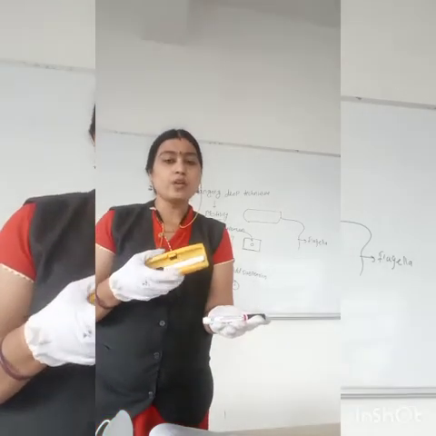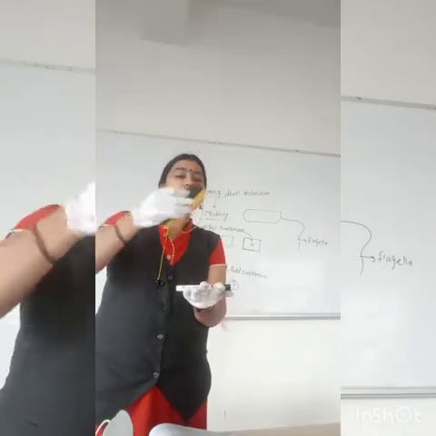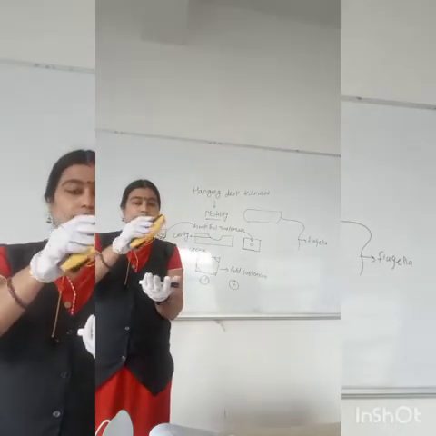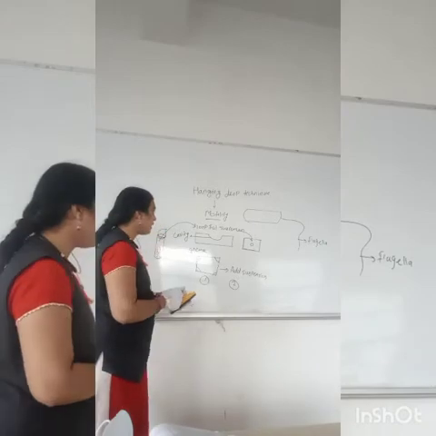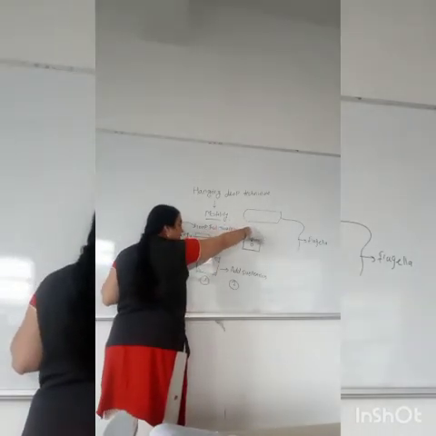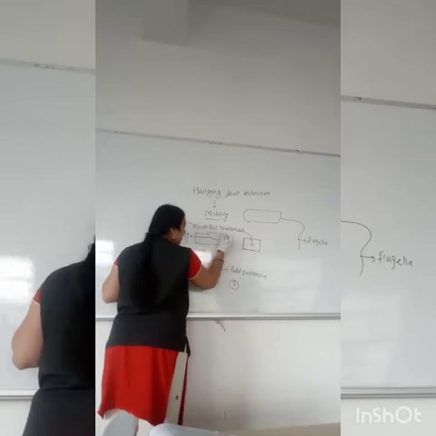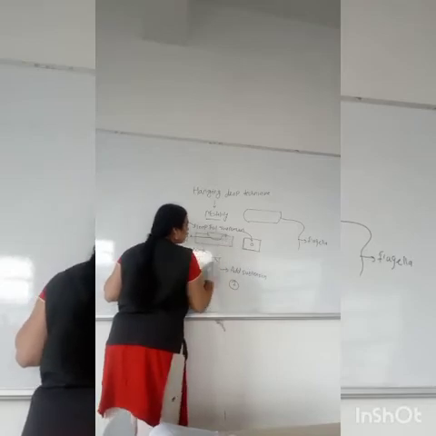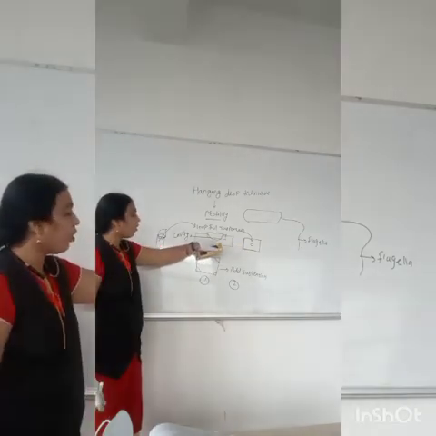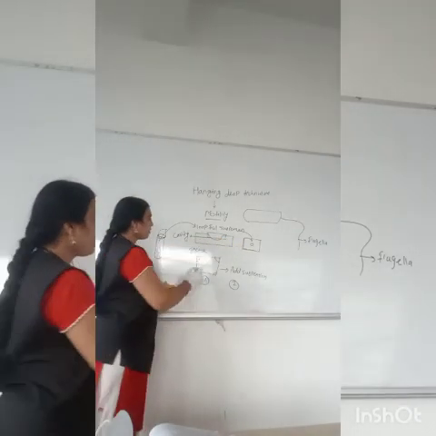So we have to rotate or invert this cavity slide. How is it inverted? Like this. You have to invert it on this cover slip. So the cover slip is going to adhere on this cavity.